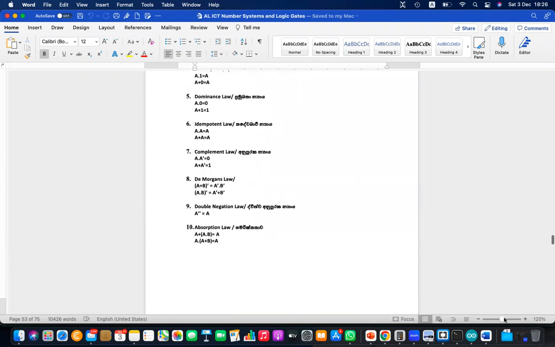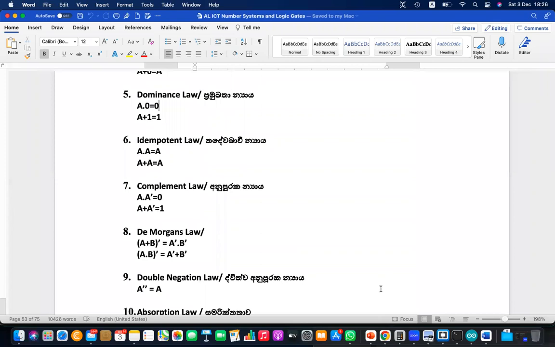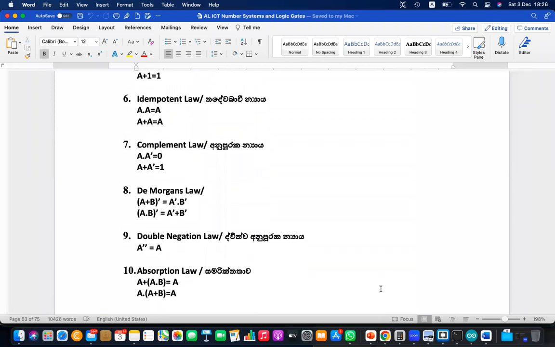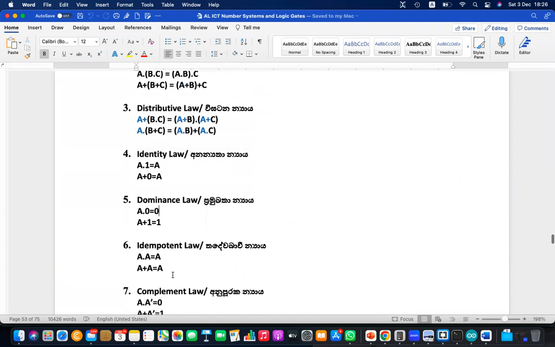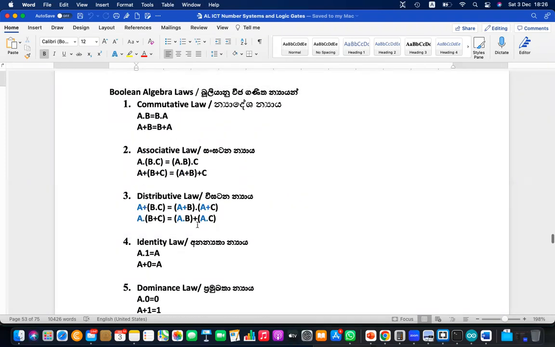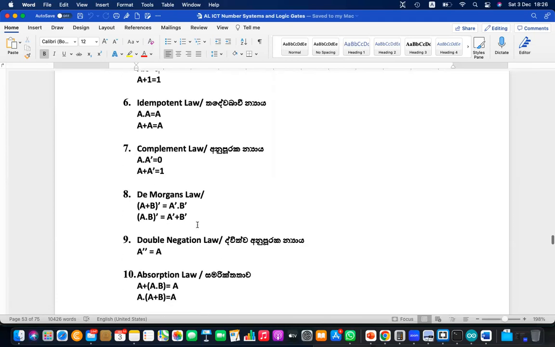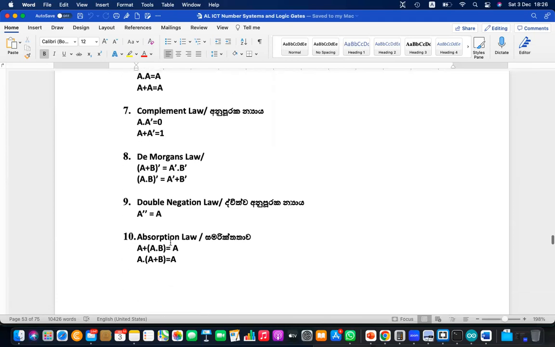Okay, let's try to use these rules and prove that the absorption law is true. Just give it a try alone. Using the above laws, you can select from them and try to prove that.